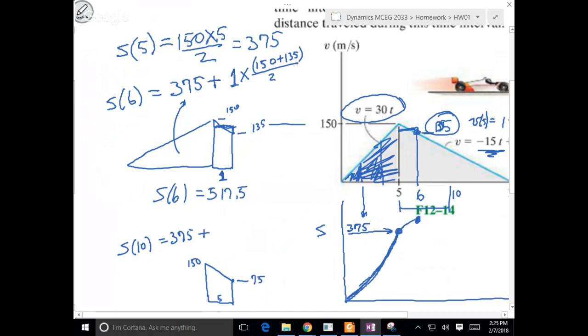So now the area of this chunk is 5 by 150 plus 75 over 2.